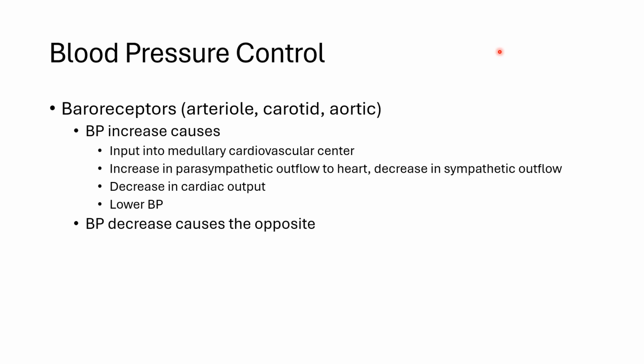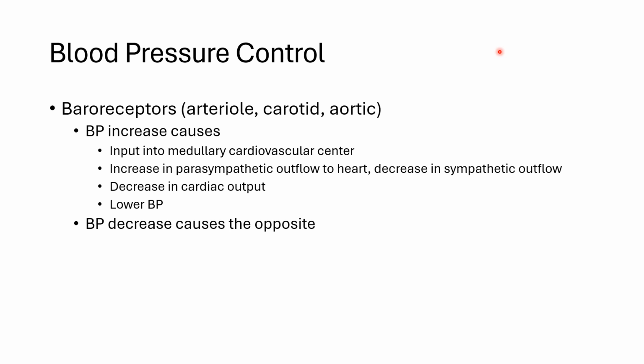Baroreceptors, which are nervous system endings, are attached to arterioles, carotids, and the aortic artery. That information can then be relayed to the medullary part of the brain, the base of the brain, and that input is sent to a very specific set of cells in the medullary space.